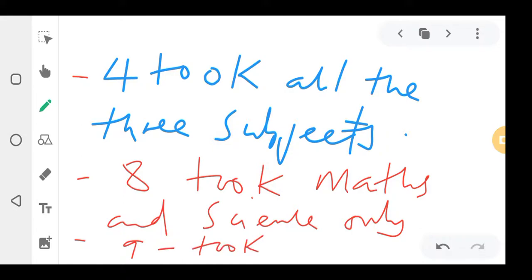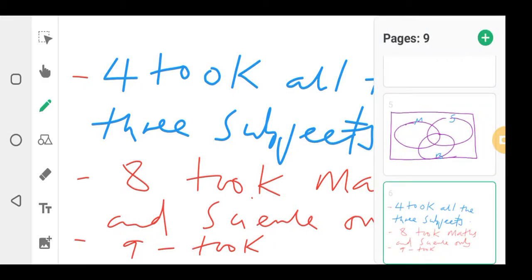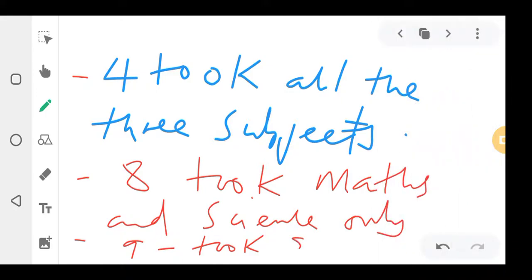We said 8 took maths and science, and then 9 took science and biology only. 9 took science and biology. So 9 took science and biology.